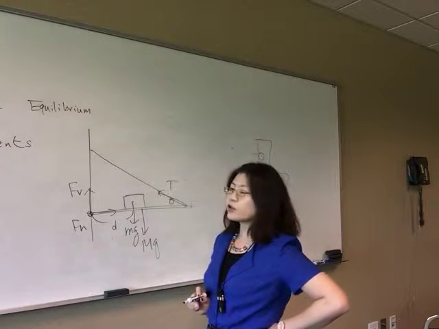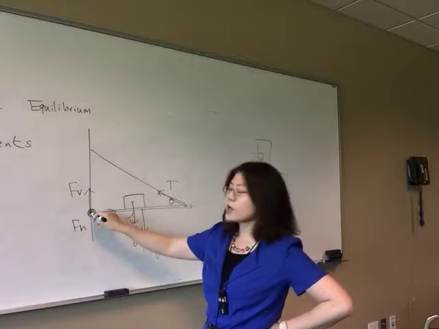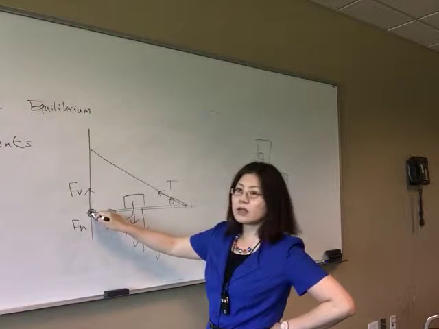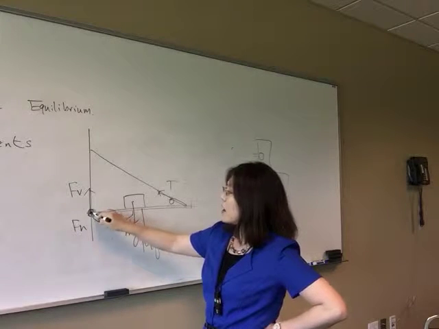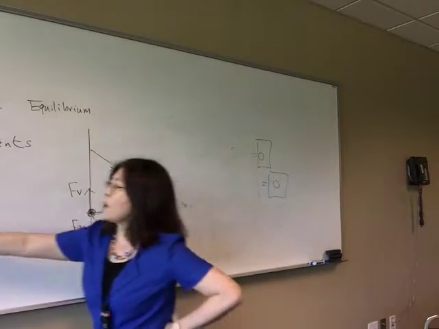But my suggestion would be that you choose a point where a lot of forces are acting, because when you choose that point as the rotation axis, you don't have to consider their torque, because there's no moment arm. If there's no moment arm, there's no torque.